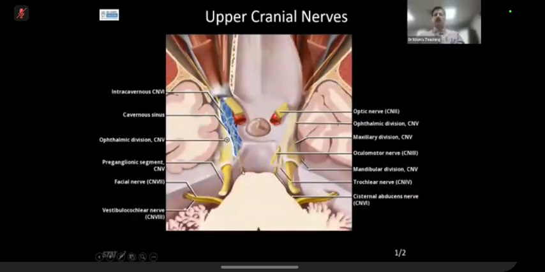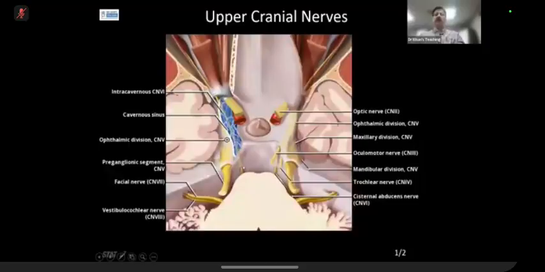Now, this nerve passes through the sphenoid portion, this basisphenoid, and then it goes into the cavernous sinus. And I'll show you a case, which is an exam case, petrous apicitis, where there is inflammation or infection at the petrous apex.